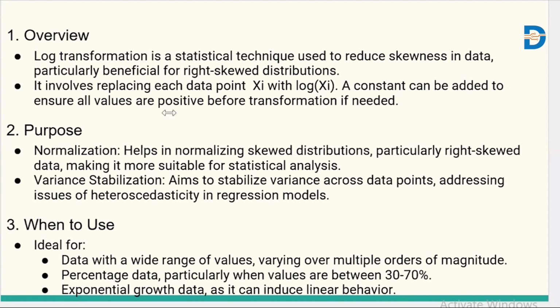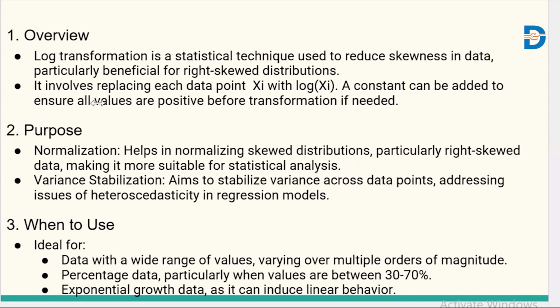So log transformation is a statistical technique to reduce skewness. Particularly, it is beneficial for right skewed data. In real time, it has been observed as well: whenever there is right skewed data and you're applying log transformation, it was proven to be beneficial. It involves replacing each data point, the value in the entire column, with a log of that particular value.